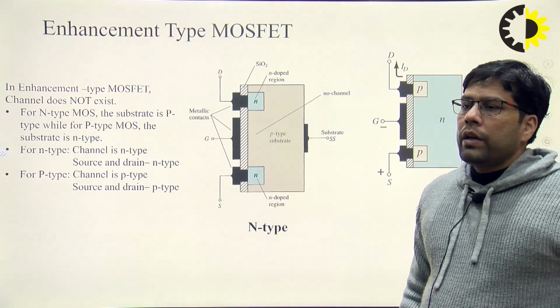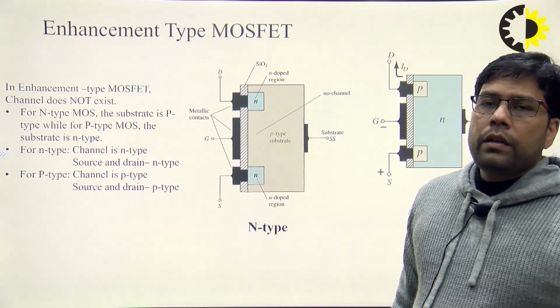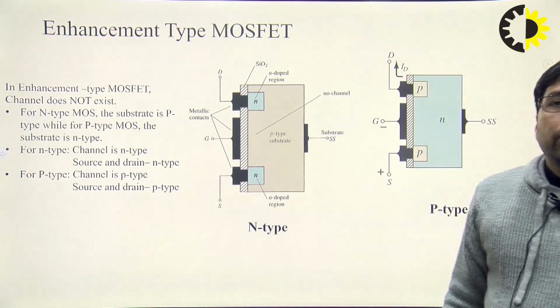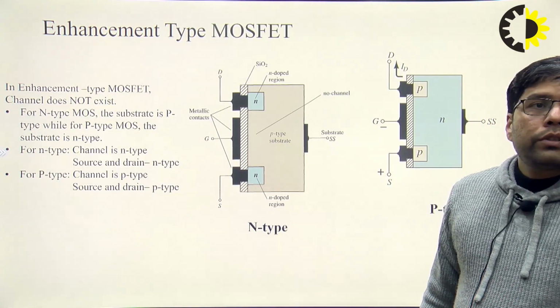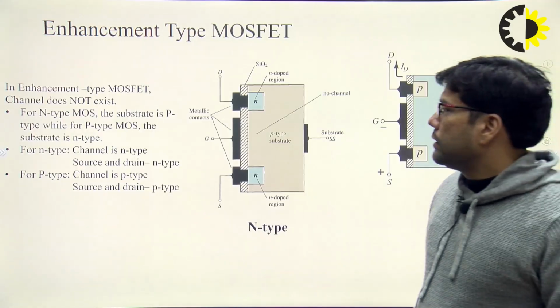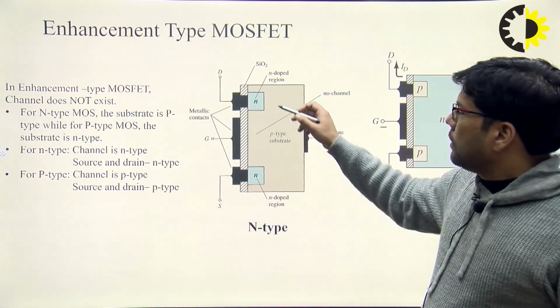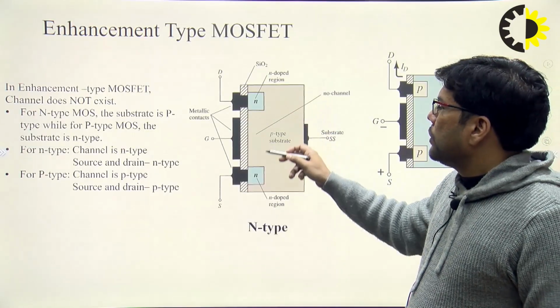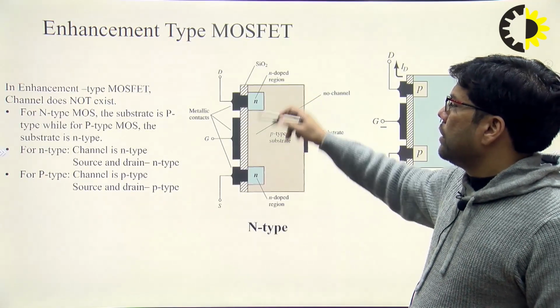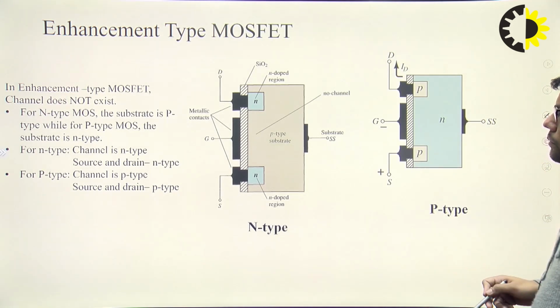enhancement type MOSFET, as we discussed, in enhancement type MOSFET there is no channel that already exists. So you can see in the previous slide the channel is present, in the enhancement there is no channel in between the source and drain, right?